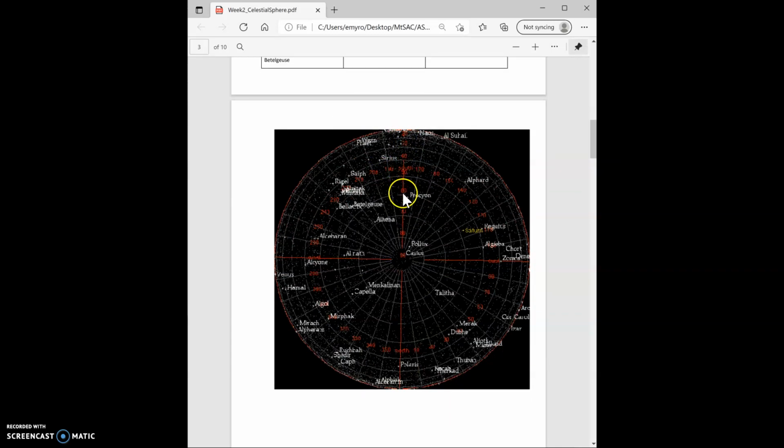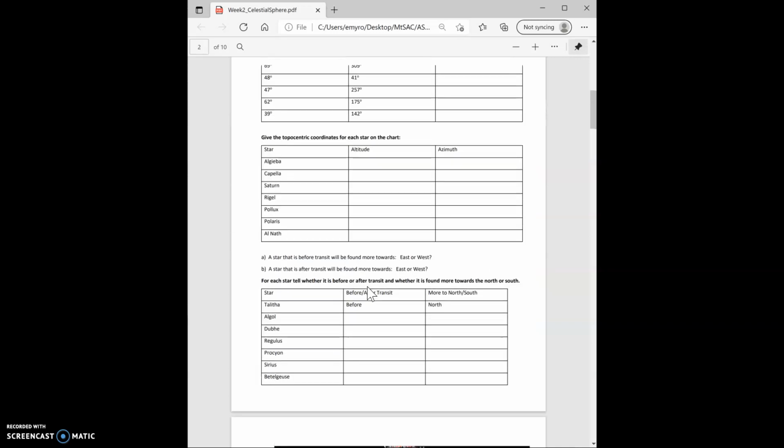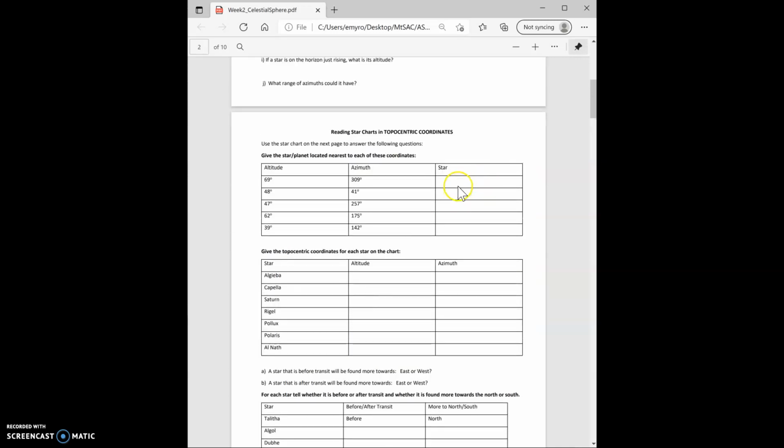So altitude 69, we're looking at something around that circle. Azimuth 309, so 300, 320, 310, around 69, that's Menkalinan, the star. So you would just put Menkalinan here.